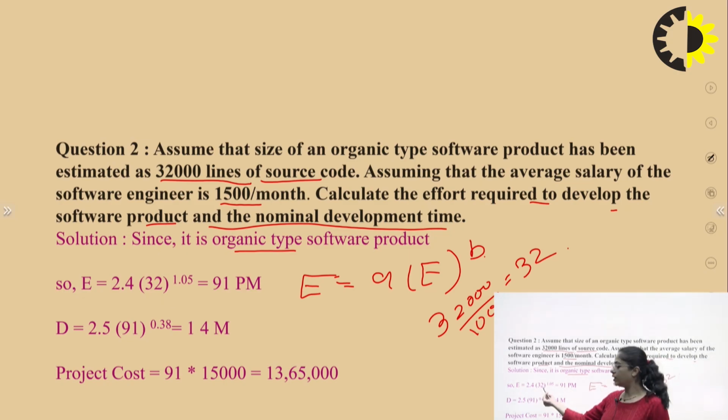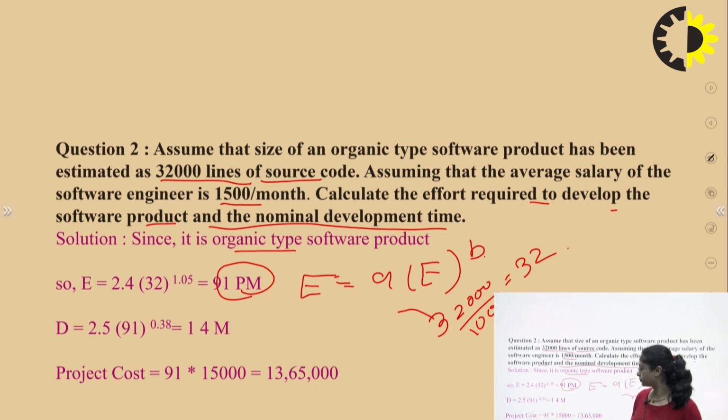So we get the KLOC here as 32. Effort is 2.4 into 32 to the power B, that is 1.05, B's value for the organic mode, which equals 91 person months. This is the effort required for making this software.